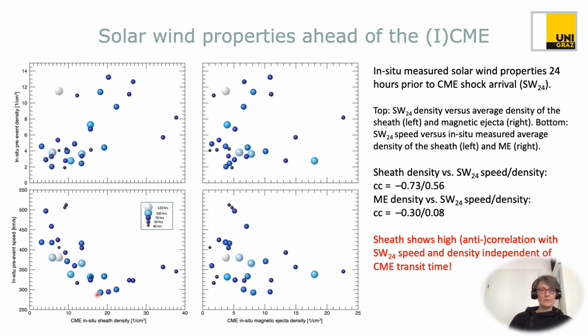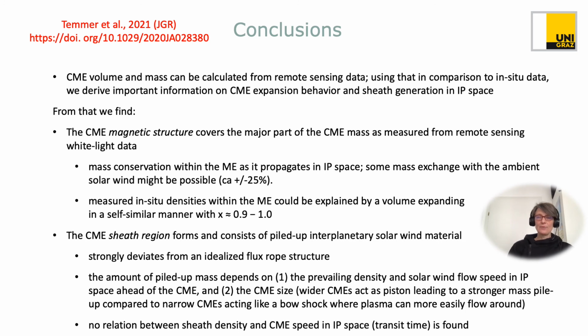The bubbles here mark the transit times of CMEs, and we also see that there is no systematics between fast or slow CMEs. So obviously there is no relation between how long a CME propagates in interplanetary space and the sheath density that is then measured in situ. So with that we can come to the conclusions.